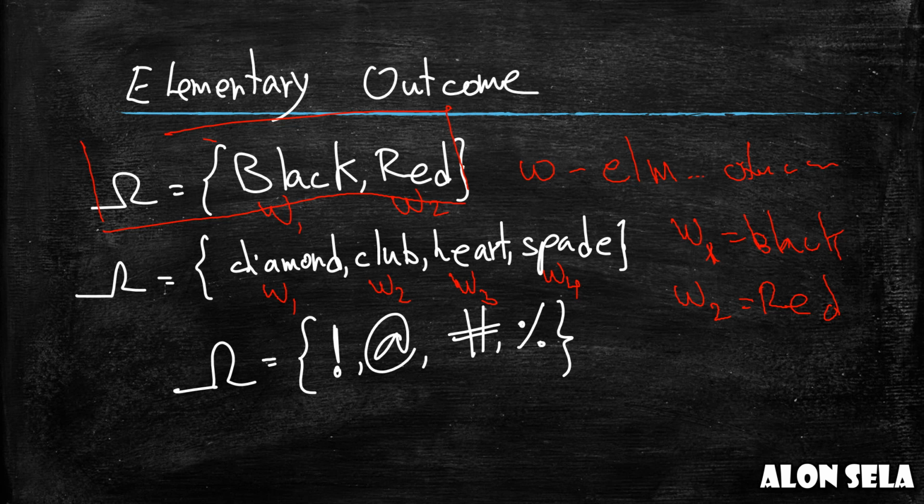So in this case we have four elementary outcomes, and just to let you know, the elementary outcome of an experiment can be basically anything that can be possible as an outcome in our sample space.